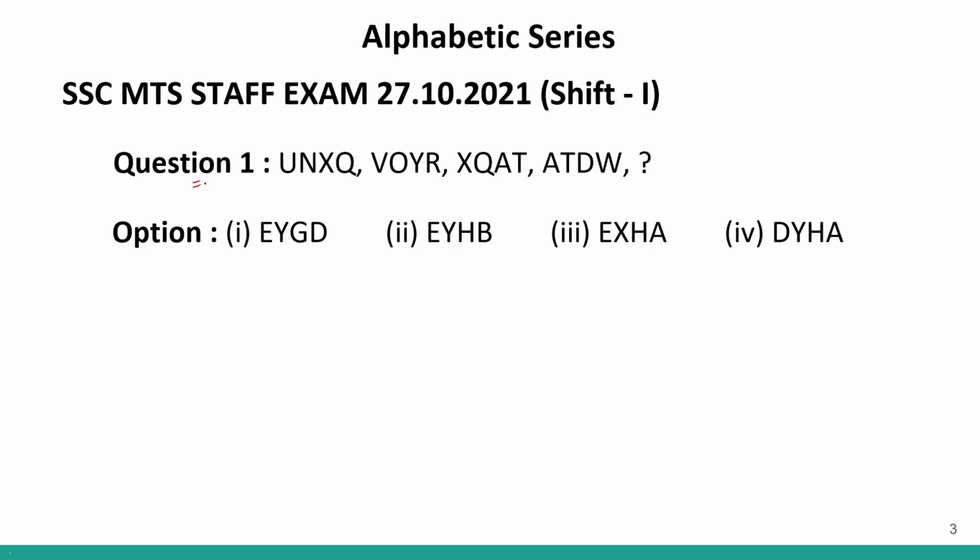So, question number 1, Alphabetic series, we will use 4 concepts that we have already discussed. The first concept was of forward rank, correct? The second concept was of backward rank. Then the third concept was of opposite letters.